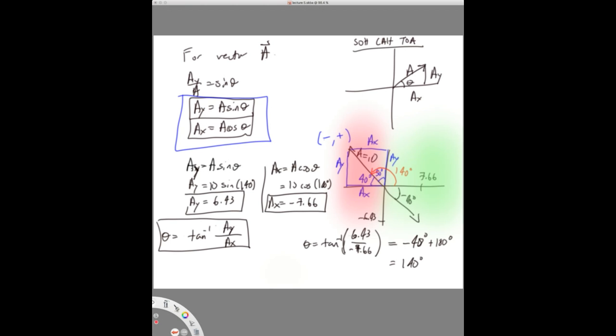Okay, so let's now practice putting it all together. So suppose we want to add a couple vectors. Suppose I have a vector A, which just points along the x-axis, and maybe it is 10 units long.